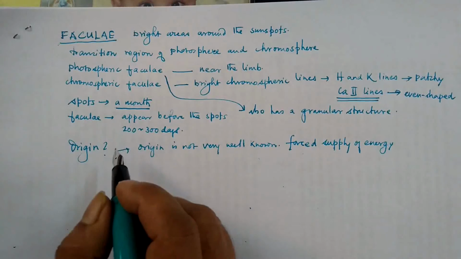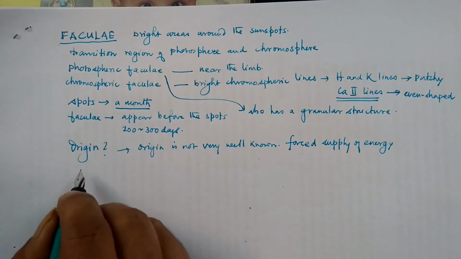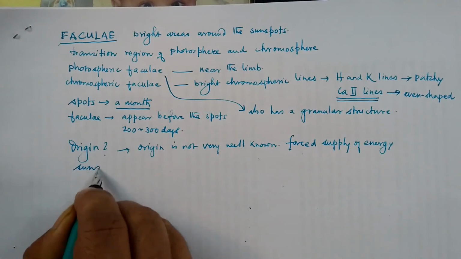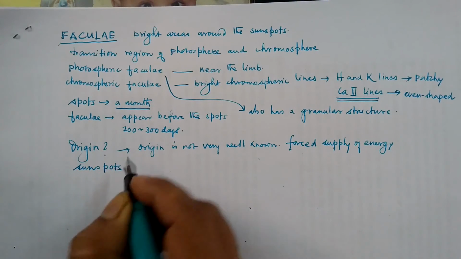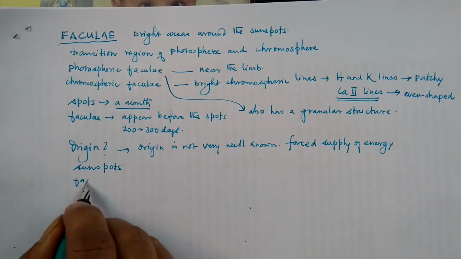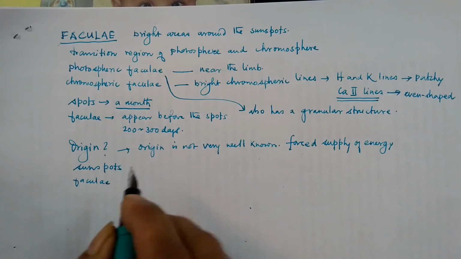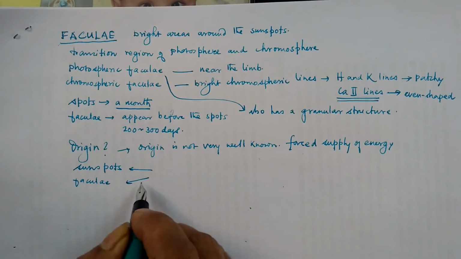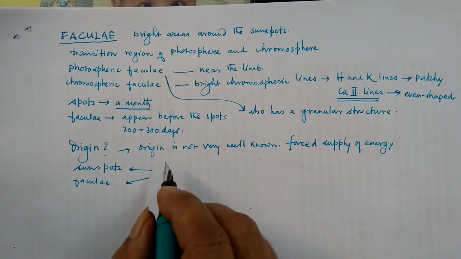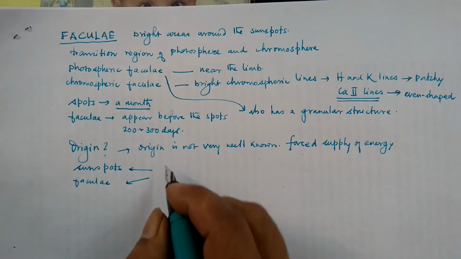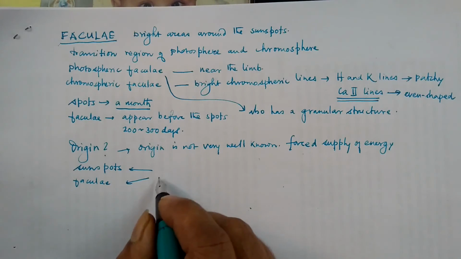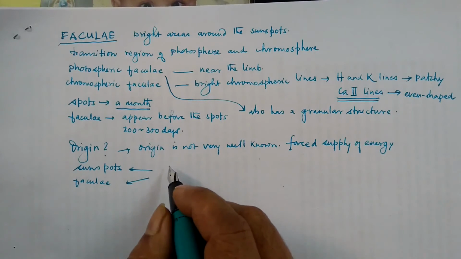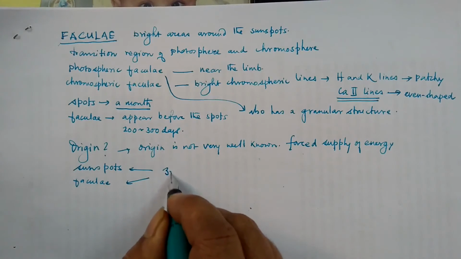So what we consider is that sunspots and faculae are both caused by some common cause. These are manifestations of some kind of a third agent.